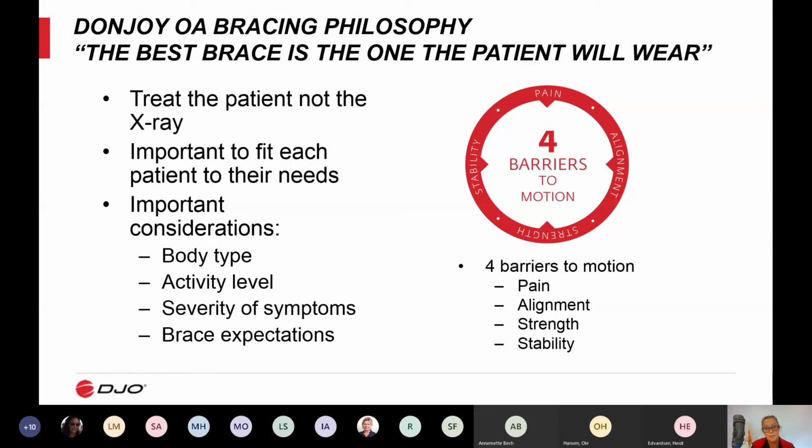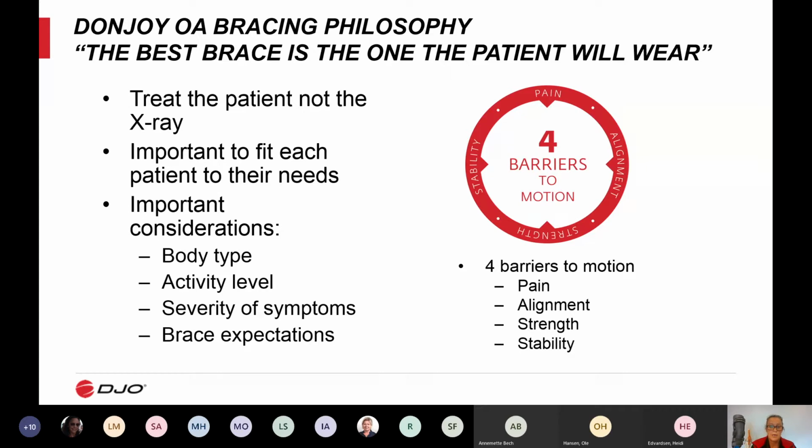You should not treat the X-ray, which in some cases doctors have a tendency to do. Please treat based on what the patient tells you. Do they have pain? Where is the pain coming from? And most of all, don't give the patient a brace they don't want to wear.